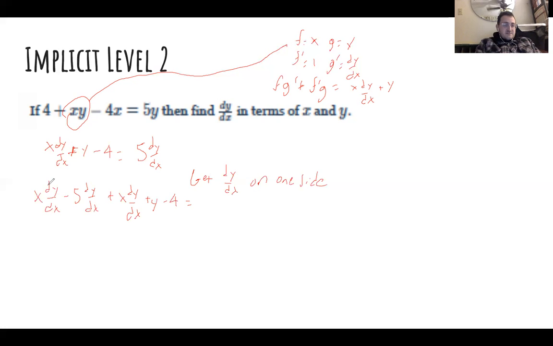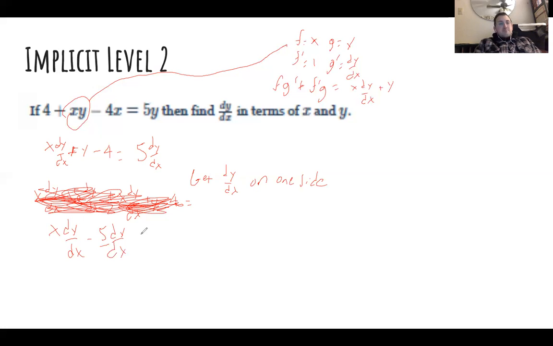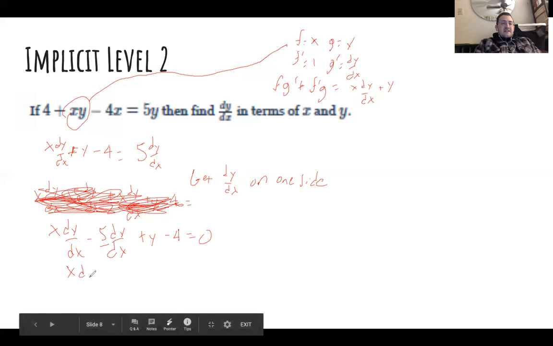And hold on a second, let me just cross this out here. I think I just wrote one too many here. So what I meant to say was I have x dy dx minus 5 dy dx plus y minus 4. And then I'm just going to move those non-dy dx terms. So I got x dy dx minus 5 dy dx equals negative y plus 4.